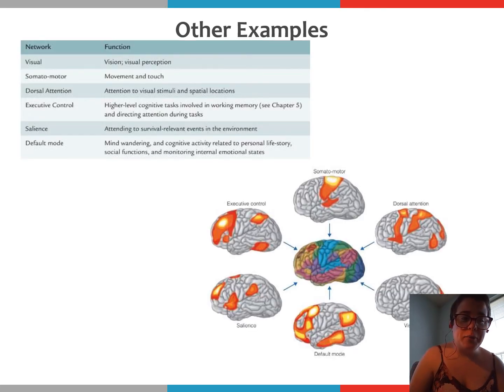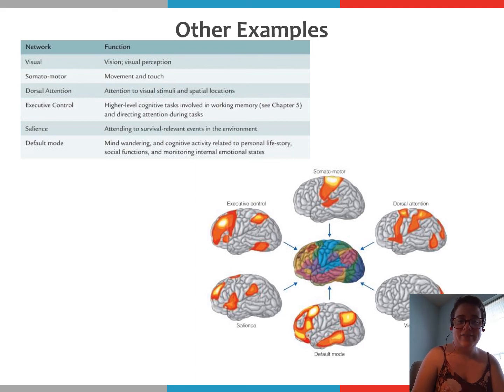Okay, so I'm going to show you using this diagram. I realize it's sort of hard to see, but they've identified several different networks that are areas of the brain that are simultaneously activated in a single cognitive process, right? So the first is the case with visual perception, right?